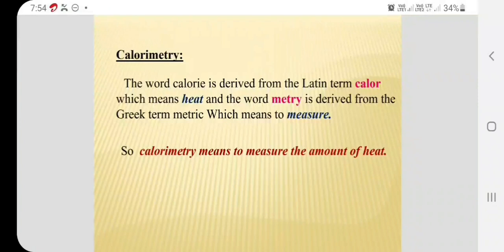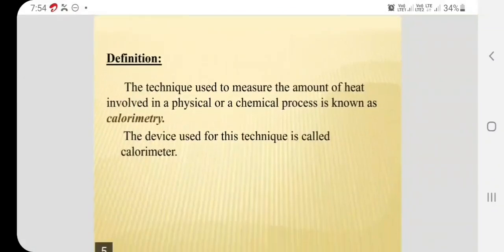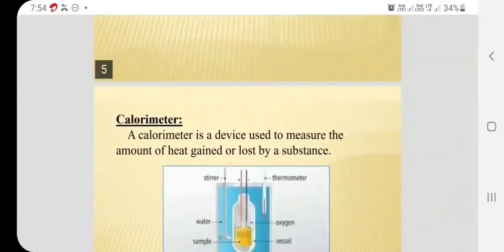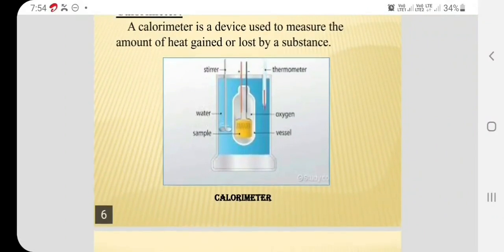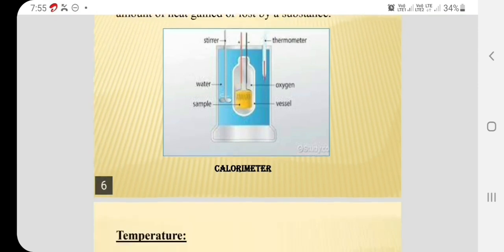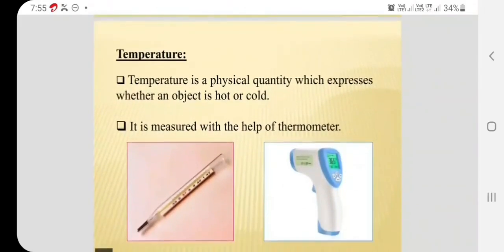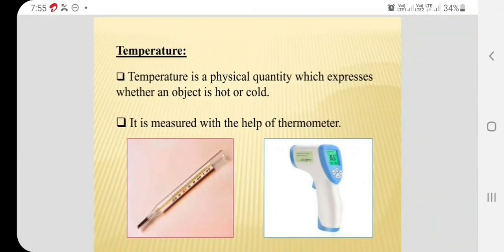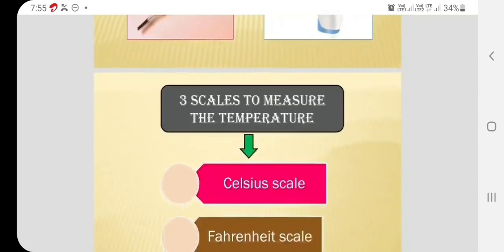So what we have seen till now, calorimetry. We have seen the definition for calorimetry, and the device used for the calorimetry technique is called calorimeter, and we have seen about the temperature. Temperature we can measure with the help of a thermometer.